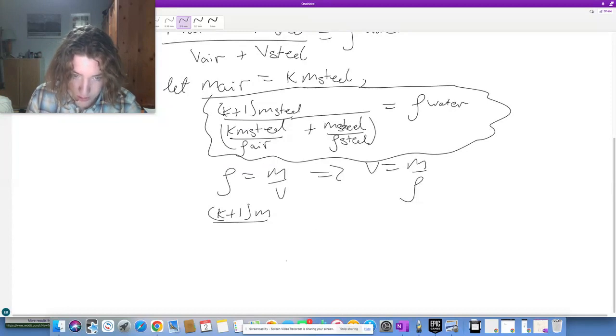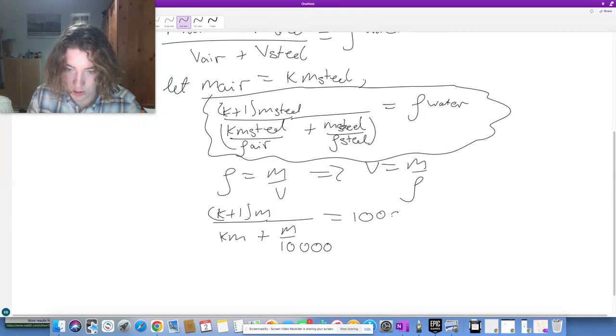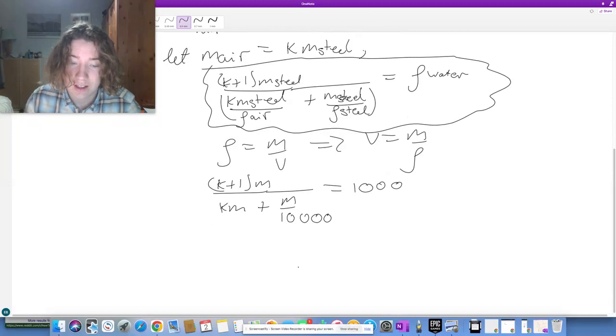So we get this equals 1,000. And now instantly, whilst it's still a messy fraction, we can see that the masses cancel.